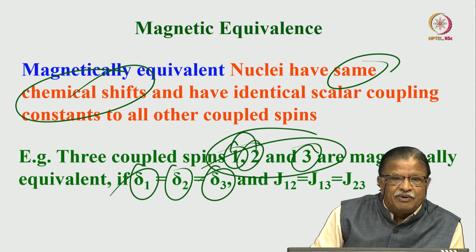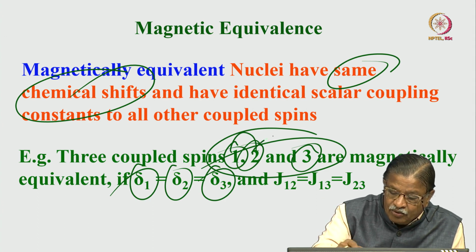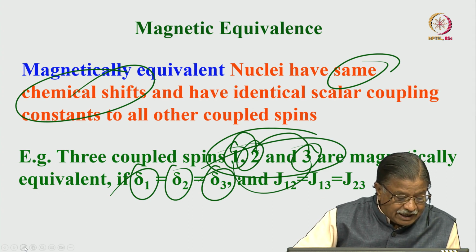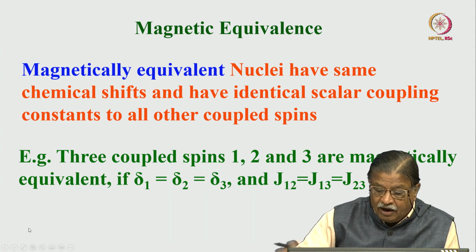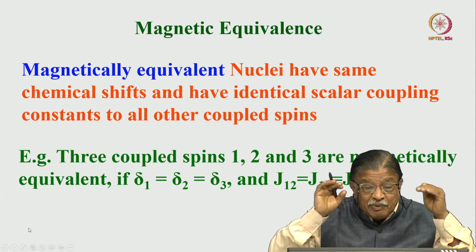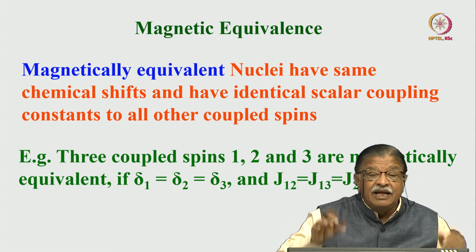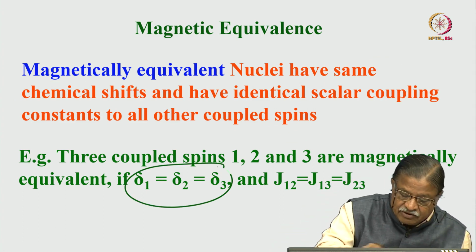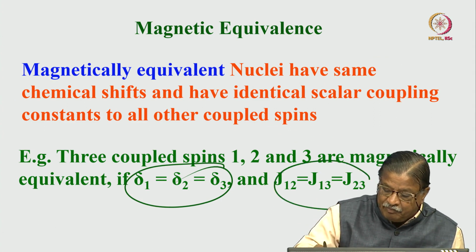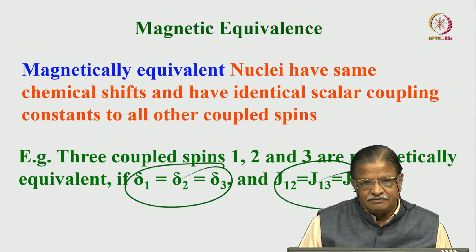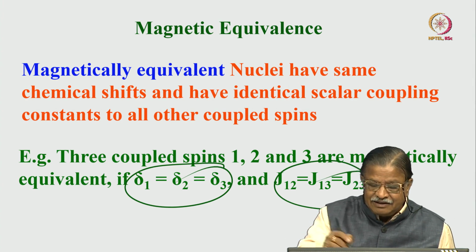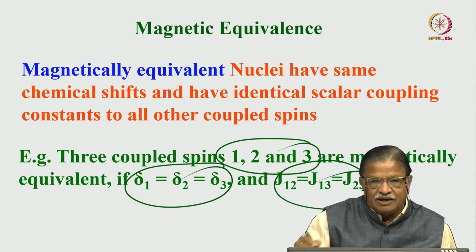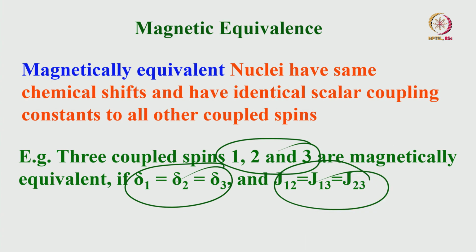J12 is there, coupling between 1 and 2, coupling between 2 and 3, and coupling between 1 and 3 are also there. All the 3 couplings should be equal. Not only they are present, they should be equal. Not only chemical shifts should be identical, even couplings should be identical. Then these 3 protons 1, 2 and 3 are called magnetically equivalent spins. You understood? Magnetically equivalent spins.